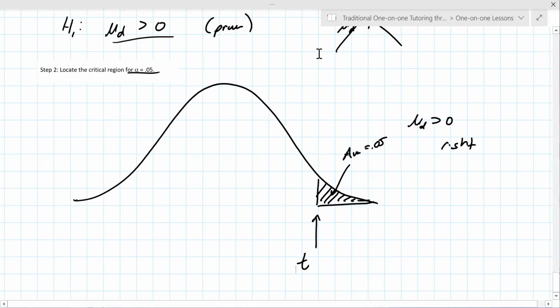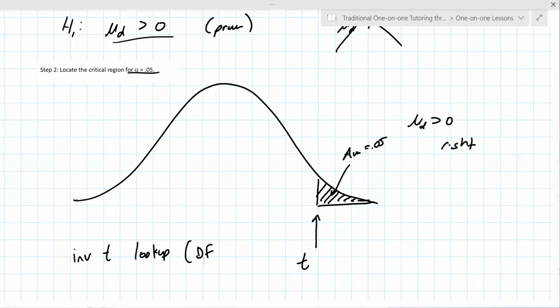To do this, you either use your calculator or you use a table, but you're doing an inverse t lookup. And you need to know the degrees of freedom. Any of this sound familiar? Yeah. That's good. The degrees of freedom is simply the number of samples minus 1.